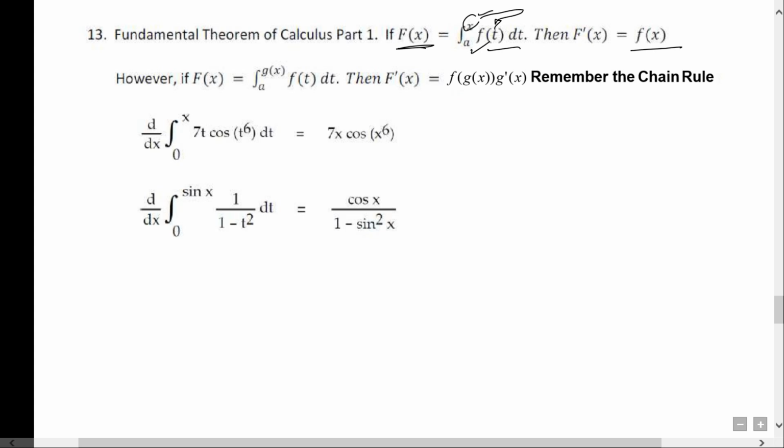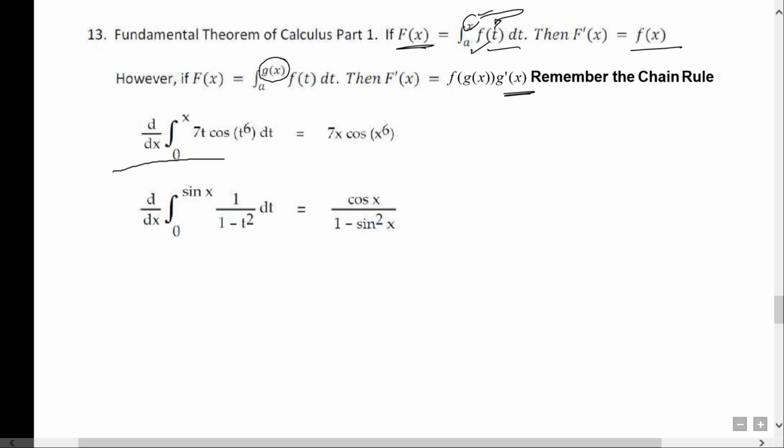However, remember, if the upper limit is a function, then you have to plug in g of x everywhere you see a t and then take the derivative of the upper limit. That's the chain rule.